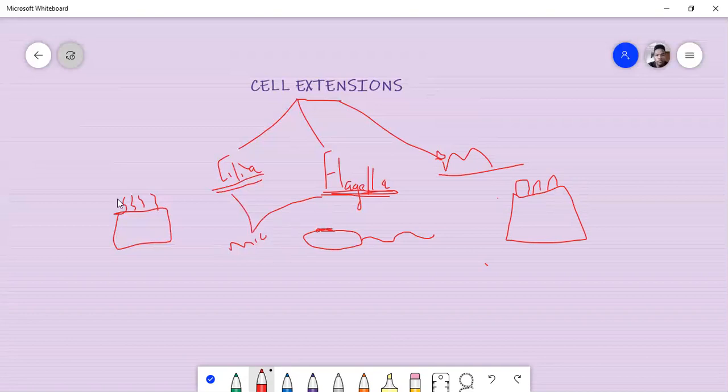The reason why cilia is shorter than the flagella is because the microtubules didn't extend that much. The microvilli doesn't involve microtubules. It's formed by a core of actin filaments.